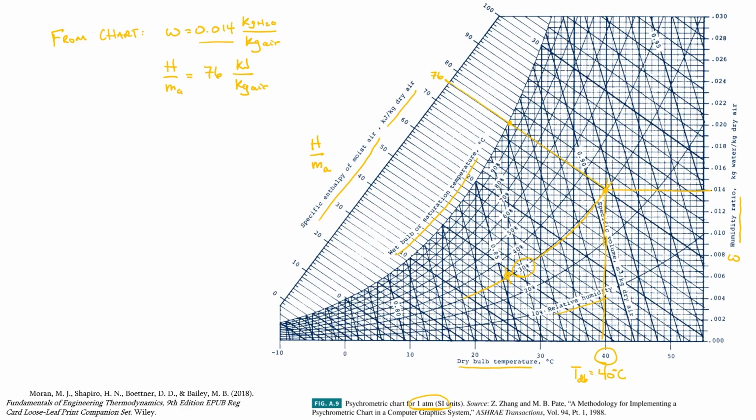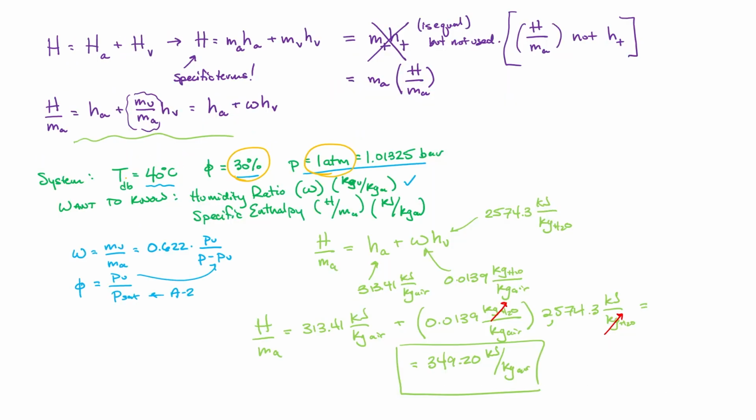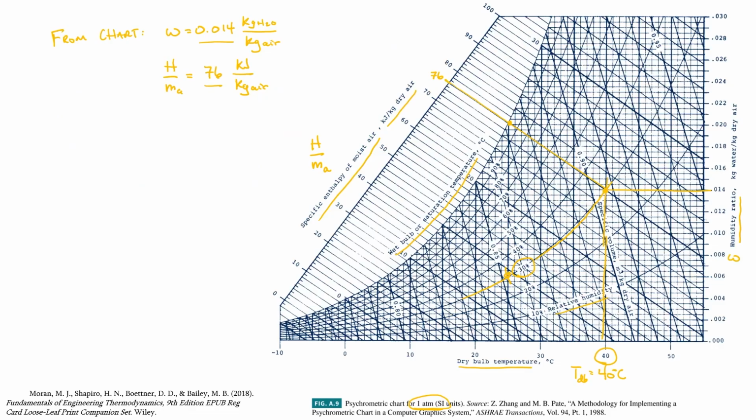Okay. With this, this guy is 76. This guy is 349.2. So I'm going to go ahead and put this on the same page here so I don't have to keep scrolling.